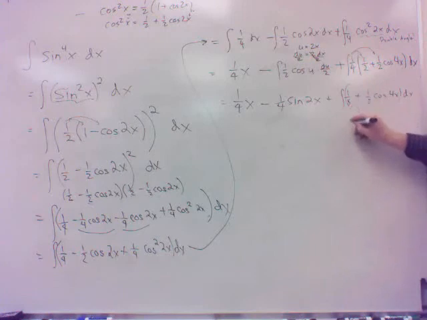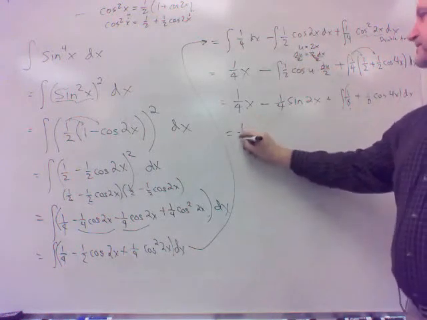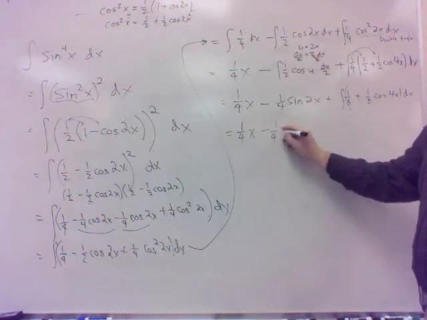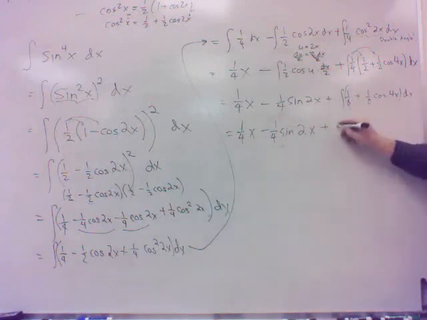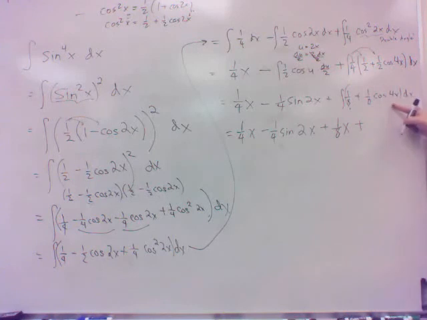Well, the integral of that's easy. So I'm going to get 1/4 x minus 1/4 sine 2x plus, the integral of that's 1/8 x, plus, what about this one? How am I going to do that? U sub, right? U sub. U equals 4x, du is 4 dx, so du over 4 is dx.